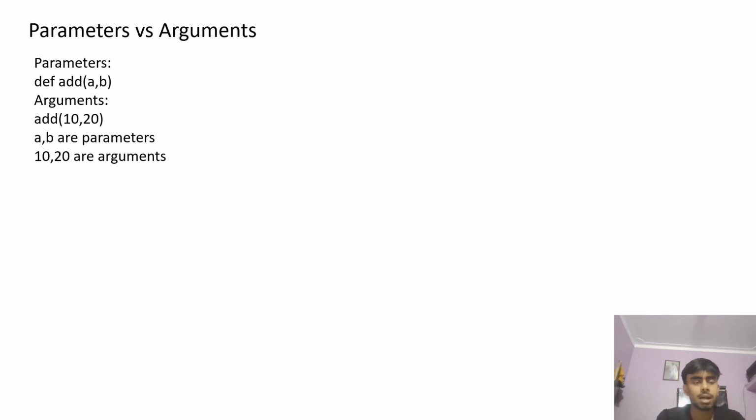What are parameters and arguments? I think I have already explained to you what a parameter is and what an argument is. See, when we are giving a name to the function, at that time we are assigning some letters to that function name. Those letters are parameters, which act like placeholders.